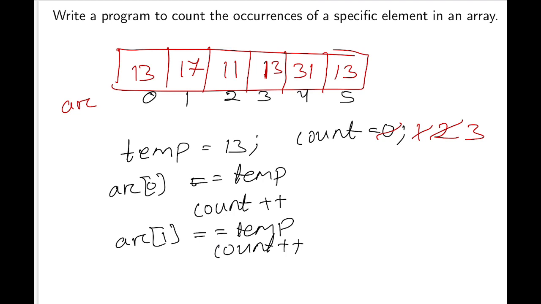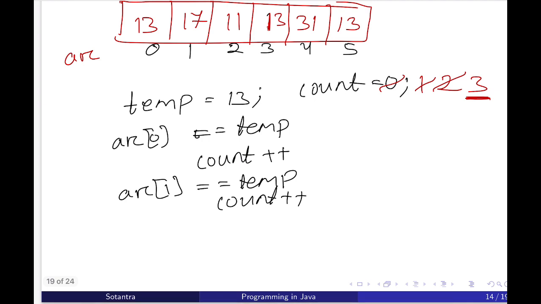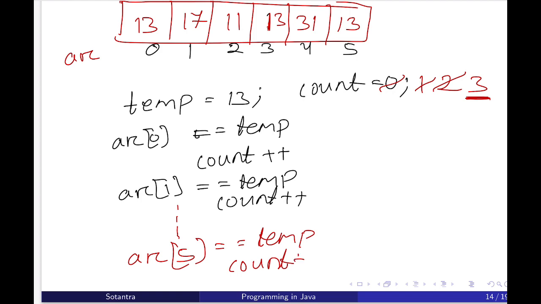So now we can say 13 is repeated 3 times here, because the value of count at the end is 3. Similarly we can find for any other element. In this way we can write AR of 1 equal to temp, then count plus plus, and so on up to AR of 5 equal to temp, then count plus plus.